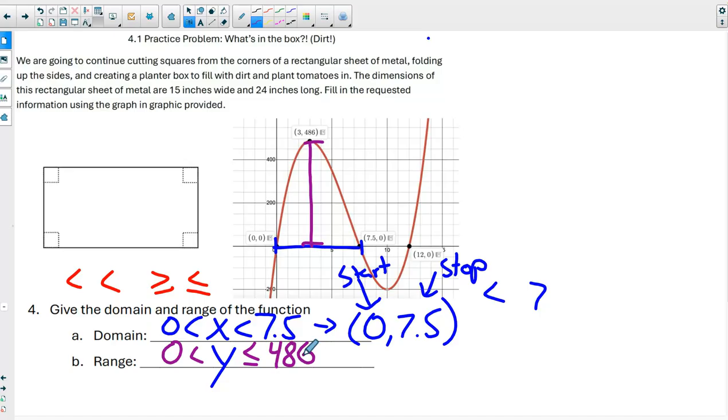Okay? We can have a volume of 486, and we will cut out our little squares out of the corners and fold those tabs up, and we will get that. So that's why that's there. And if I was going to write this in interval notation, it would be (0, 486]. And the brackets, again, because we have the equal to on the inequality. That's how you differentiate between the two. Questions?